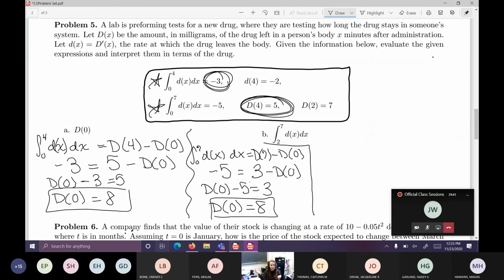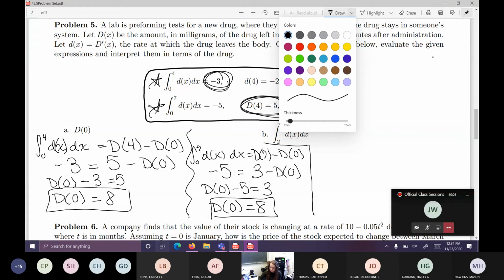Say they didn't tell us what D of 7 was, then we couldn't have done that second integral, even though it included 0. Whenever you want to use the fundamental theorem of calculus to solve some of these, you have to have one of the values and want the other one. If we wanted D of 0 but we don't know D of 7, then we can't use that integral. But we were given D of 7, so we could have used it.